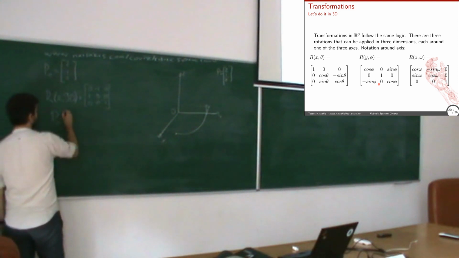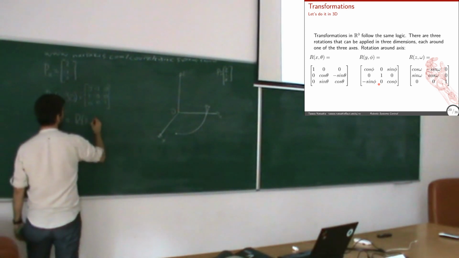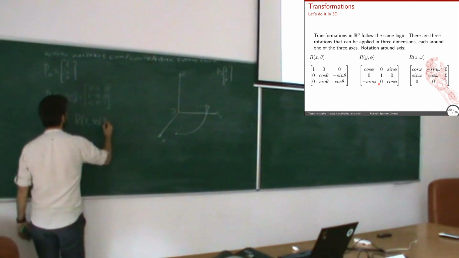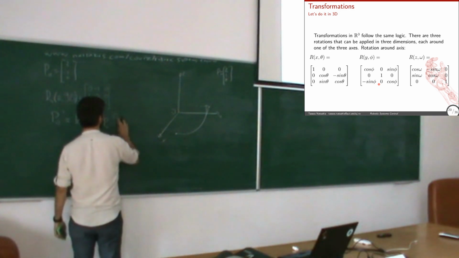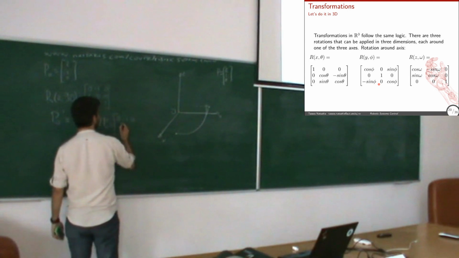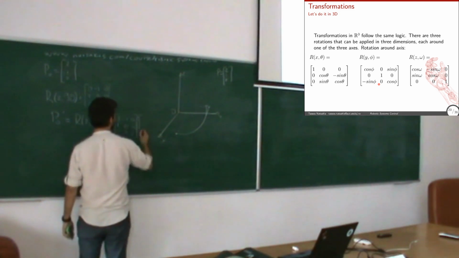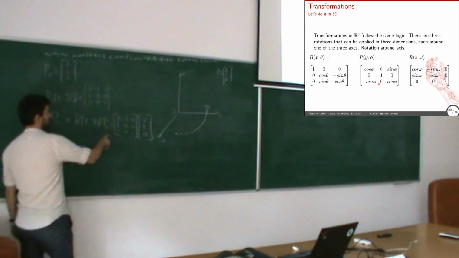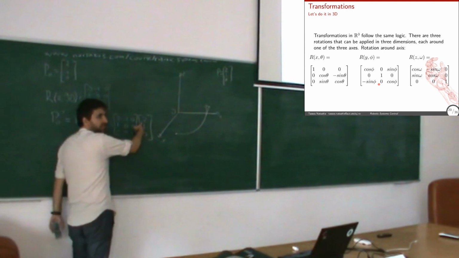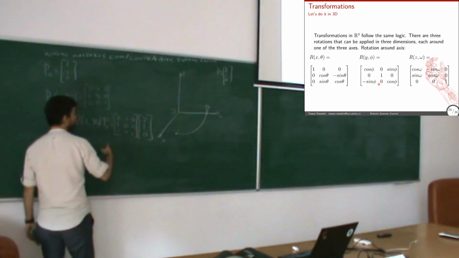So P transformed will be equal to R_z(90) times P. So: 0, minus 1, 0; 1, 0, 0; 0, 0, 1, multiplied with 2, 1, 0. Now this is a 3 by 3, this is a 3 by 1, the result will be a 3 by 1 point. What is the first element?